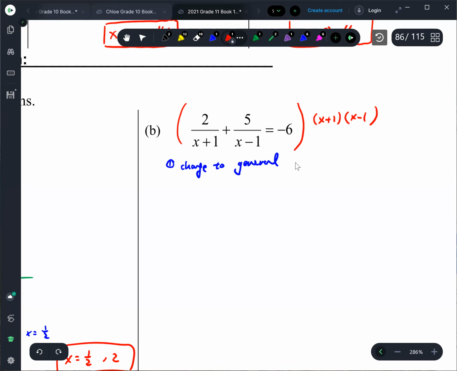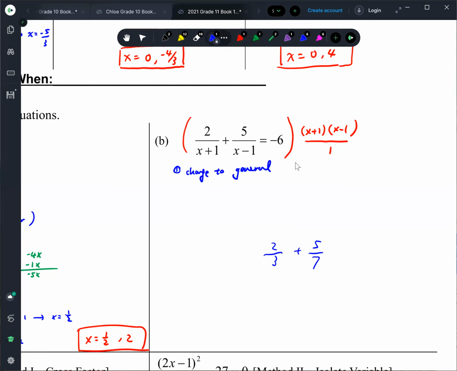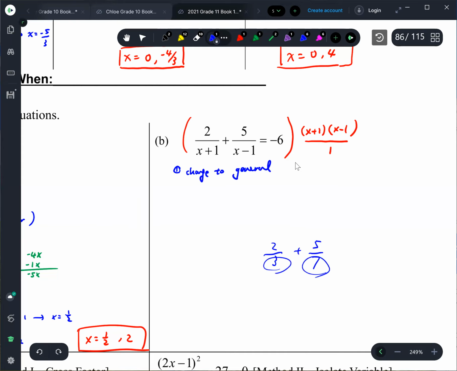Okay, you can write it as x plus 1 over x plus 1, x minus 1 over 1, like that. A common denominator is found the same way as for other fractions. If you have 2 over 3 plus 5 over 7, the common denominator will be 3 times 7, so you will have 21. Use 21 to multiply.